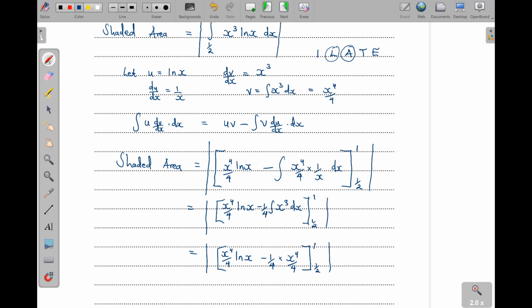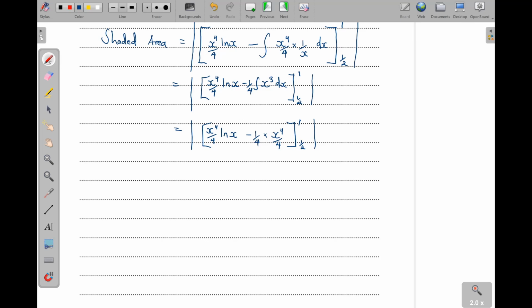in the modulus signs. Now, putting the limits, we shall have 1 over 4 times the natural log of 1, which of course will be 0, then minus 1 over 16 times 1. When you put 1 to the power 4, that will be 1. Then from there, we subtract. When we put a half, a half to the power 4 will be 1 over 16.